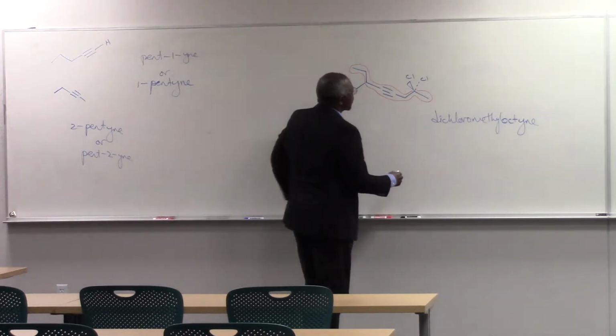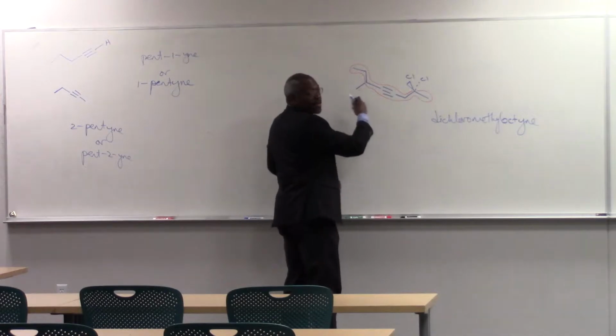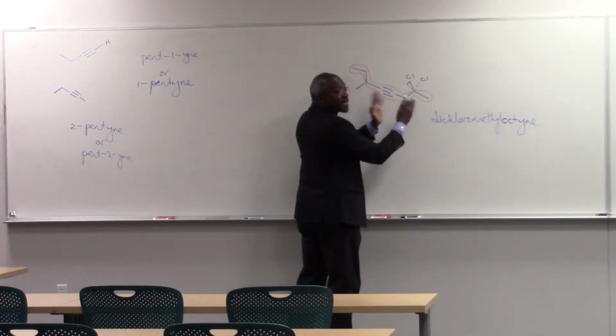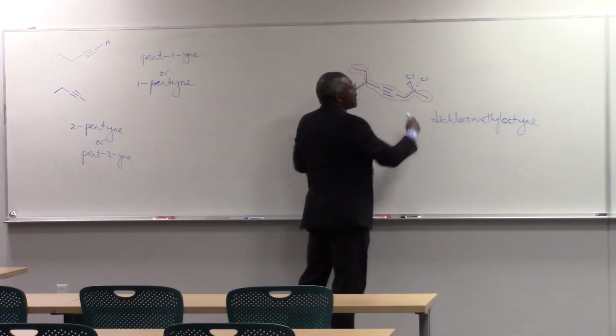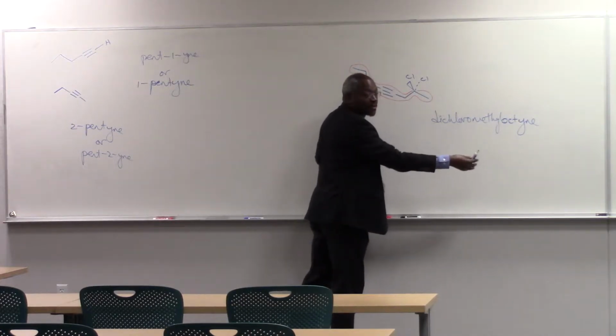So I'm going to number from right to left, because the triple bond doesn't care. It's 4 either direction. So I'm going to try to get the lower sum for the other groups.